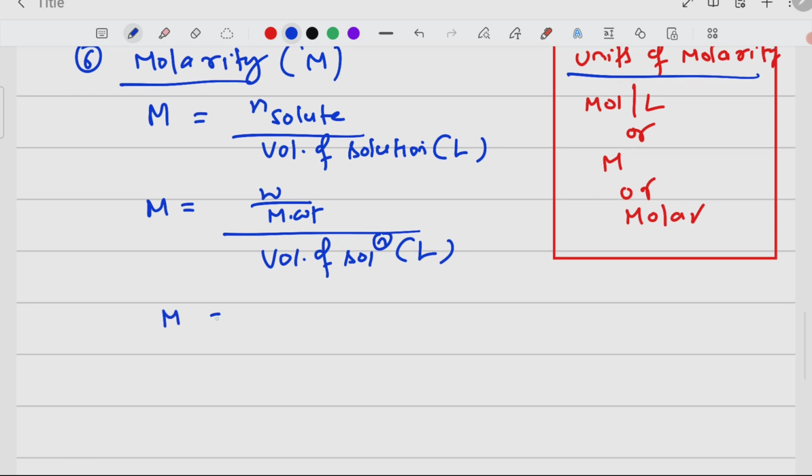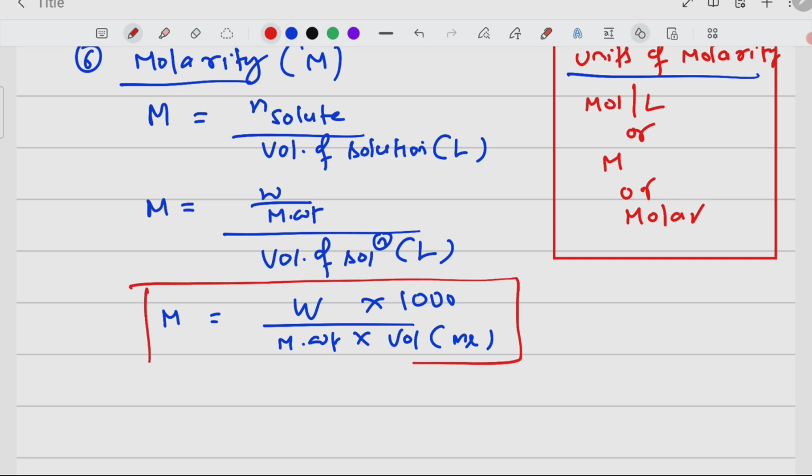If I take volume of solution in ml, then here 1000 we mention. Another formula: weight into 1000 by molecular weight into volume of solution in ml. That is the molarity related formula.